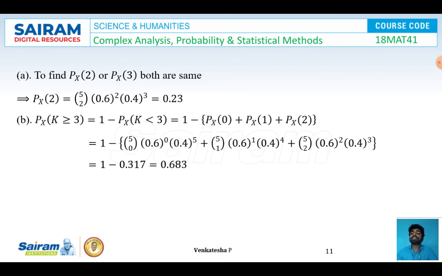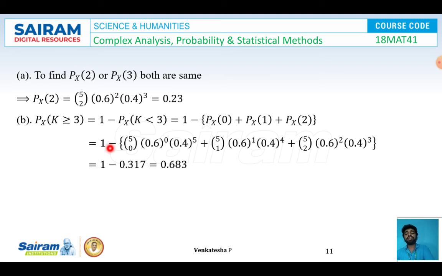Similarly, P(X ≥ 3). The alternative formula is 1 minus P(X < 3). We can write it as 1 minus [P(0) plus P(1) plus P(2)]. So it is nothing but in the P(X=k) equation, replacing k equal to 0, k equal to 1, k equal to 2 and adding that.